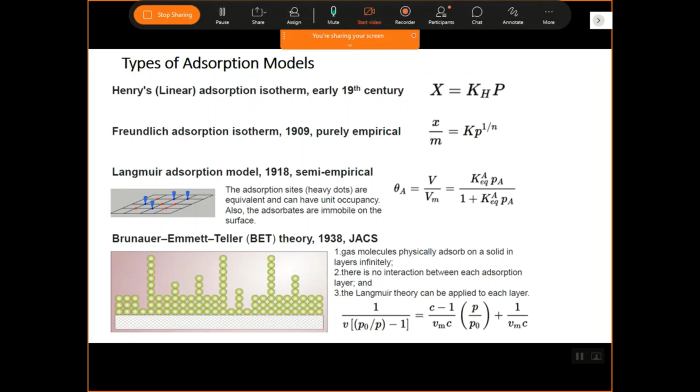But we're mainly today going to be talking about the Langmuir adsorption model from 1918, and it's more of a monolayer equation that describes how well, in this case, we're going to be looking at methylene blue. Methylene blue has traditionally been used to determine how well, let's say, your activated carbon will adsorb various molecules.